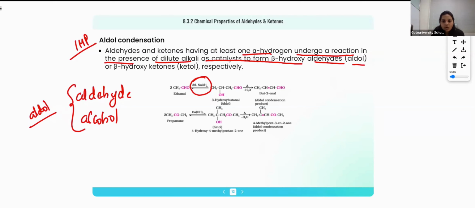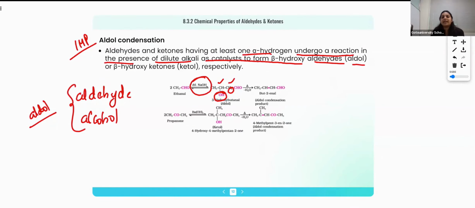This OH and CHO group is there. So on heating, they will remove a water molecule. Nothing is happening in the CHO group. The OH group from one carbon and hydrogen from the next carbon will be removed as water.